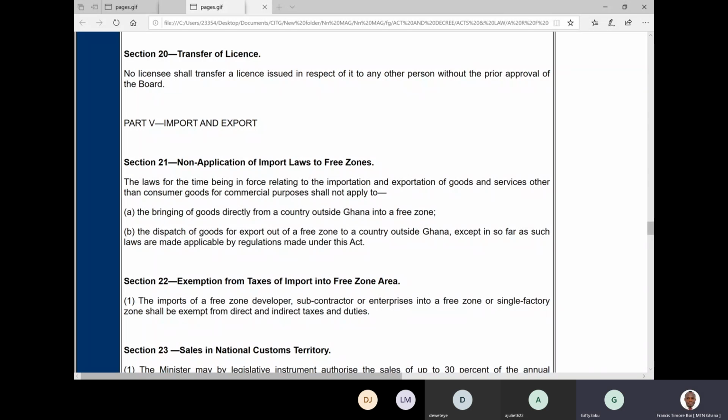If you have not fenced the area with tight security, what it means is that people can just go there and bring the goods out. Then this is just the same as somebody importing something from China and coming through the ports, and he will not pay the taxes, and then he will take the goods out. So the developer is responsible to ensure that he fences and protects the free zone area, tight security.